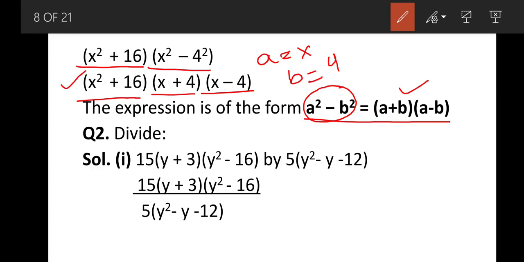Now, the second question is that we need to divide. The first part is 15 plus y square minus 16. We need to divide it by 5y square minus y minus 12. Now, dear children, I will be simultaneously factorizing the dividend and the divisor.